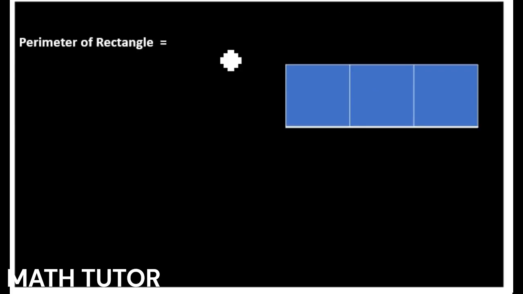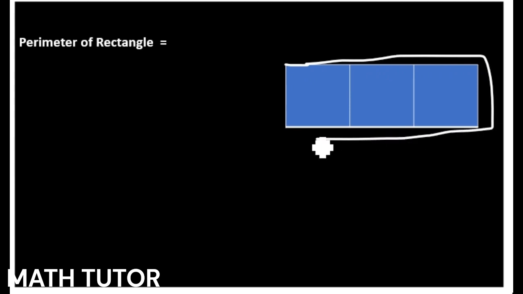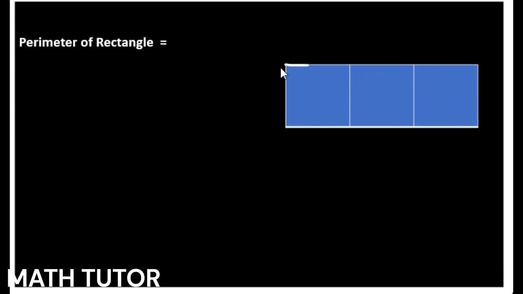Since we already saw that perimeter equals the sum of the lengths of all the sides, here for this rectangle ABCD, let us divide the rectangle into squares. Each square means 1 centimeter breadth and 1 centimeter in length.